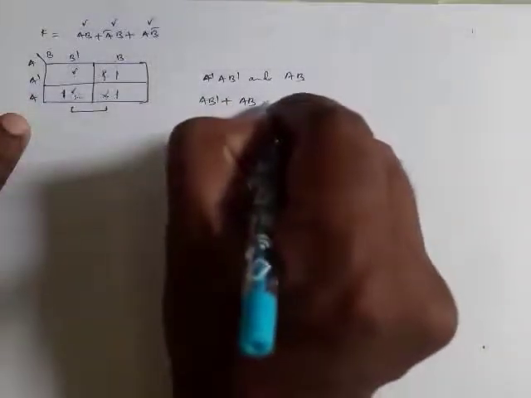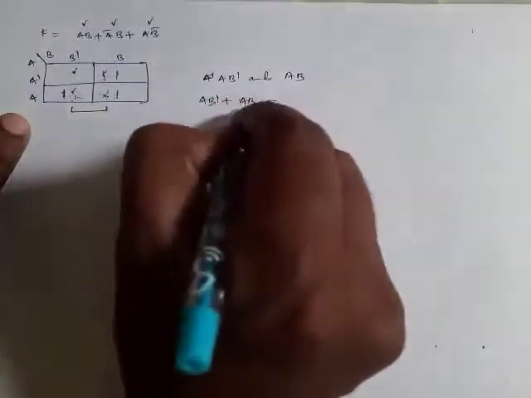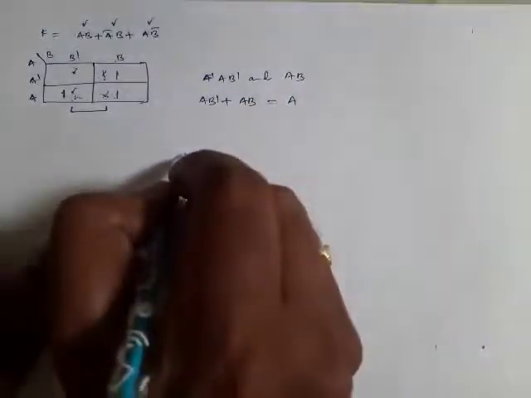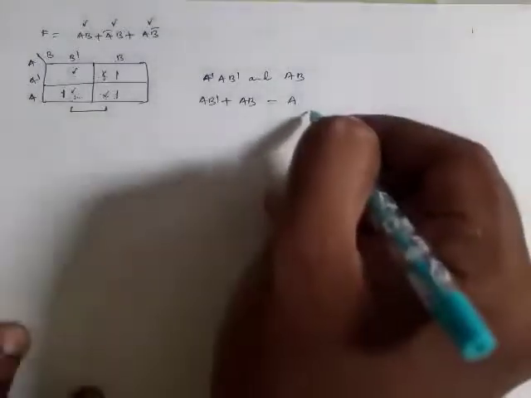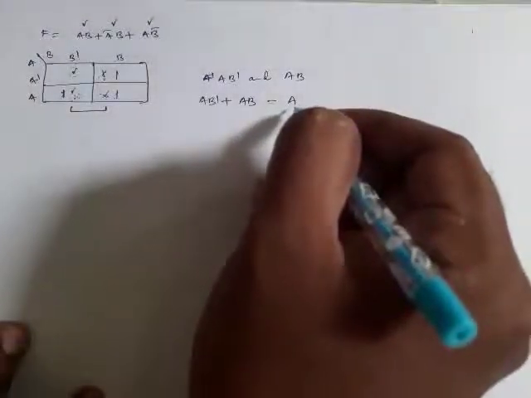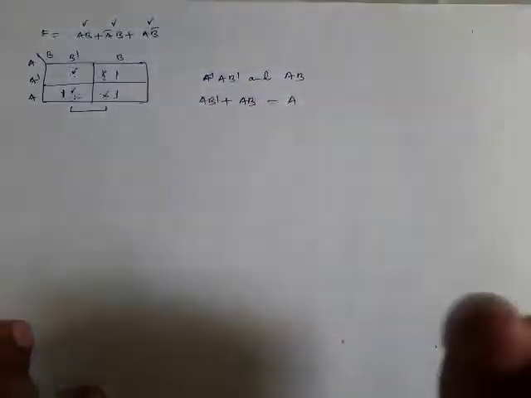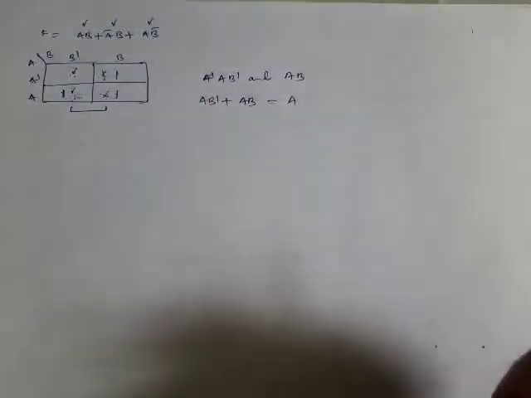So when I group these two minterms, it results in a product term A. It results in a product term which eliminates the variable which is changing from one term to the other term, or one cell to the other adjacent cell.